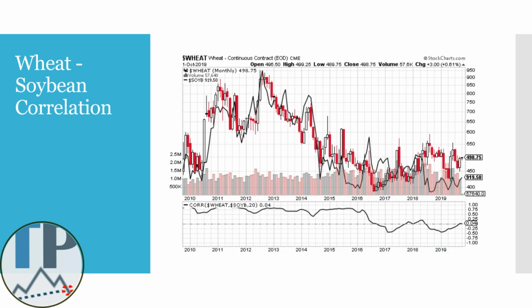And so that's a reason why quite oftentimes these two markets in particular will move quite in sync. And given that a lot of these markets that I'm going to be talking about today, especially wheat and soybean, you'll find that quite a few of these different varieties of agriculture products are grown in the same region.